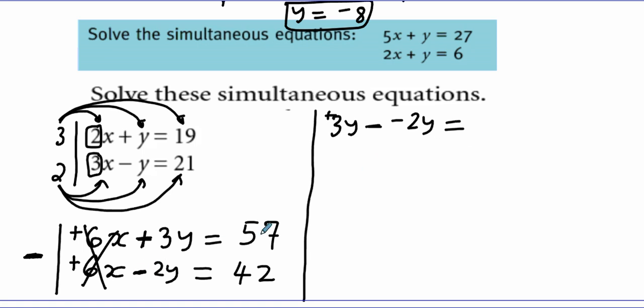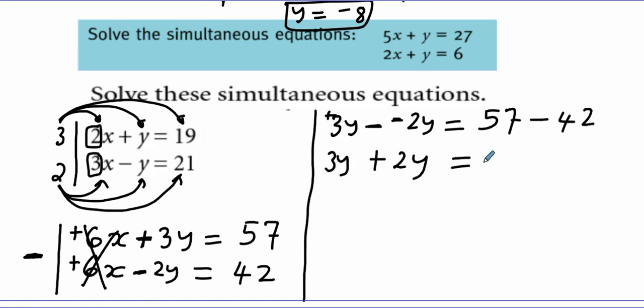I hope that is clear. Then you do 57 minus 42. Can you see that? Cool, yeah? Now negative times negative is positive, so this is 3y plus 2y, equals 57 minus 42, which equals 15.